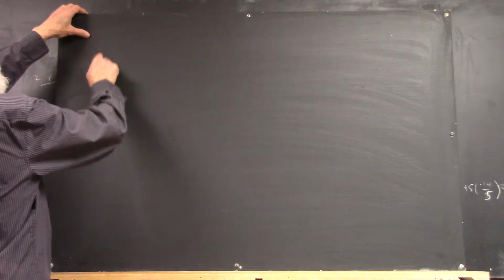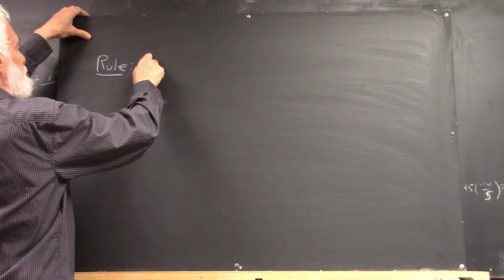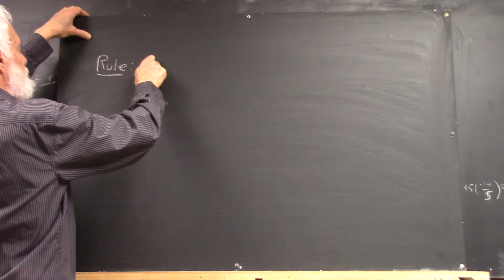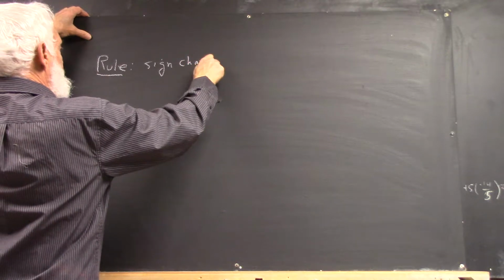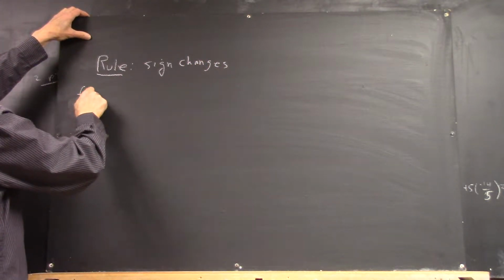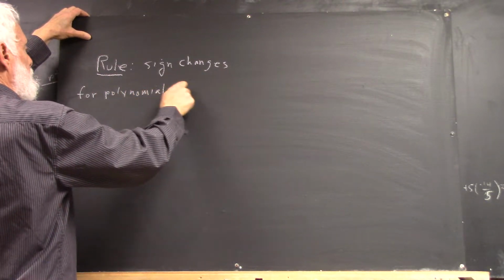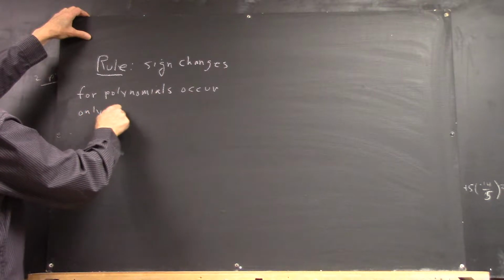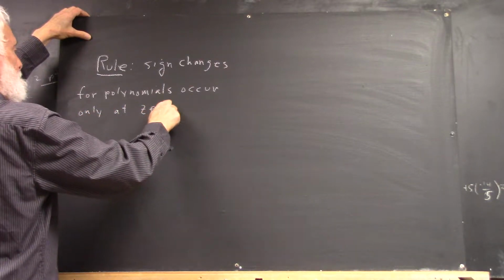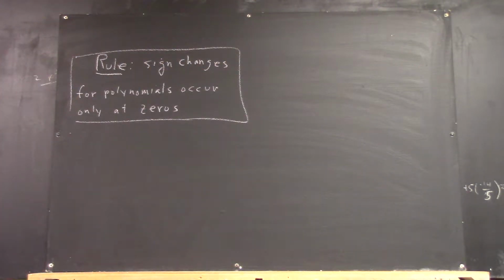Okay, the rule is, box around it means it's important.